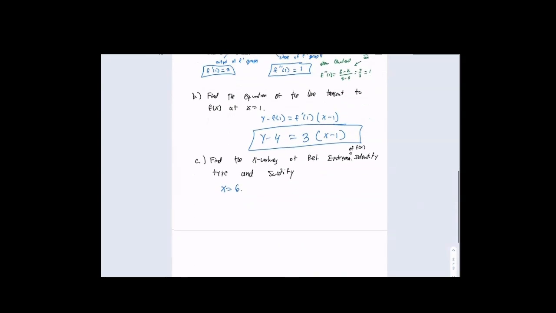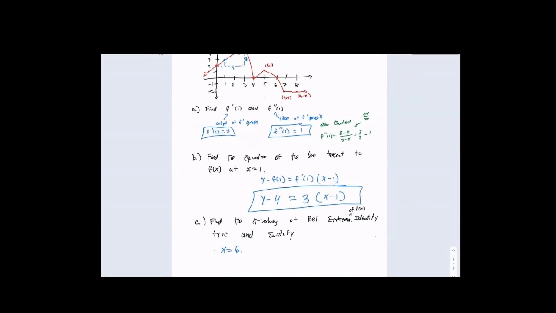Now, what kind of extrema is it at x equals 6? We have a relative what? I asked you to identify the type. So is it a relative minimum or a relative maximum?